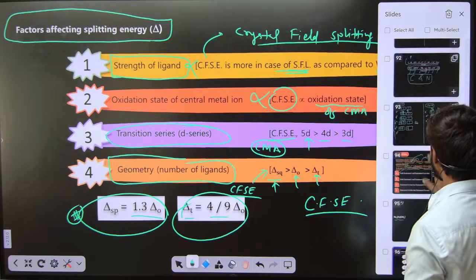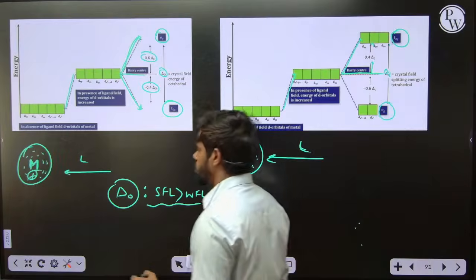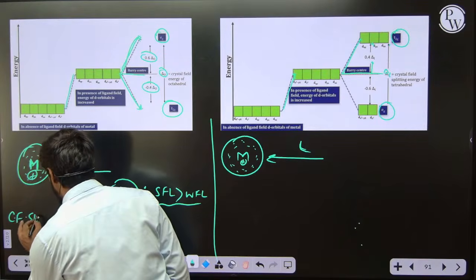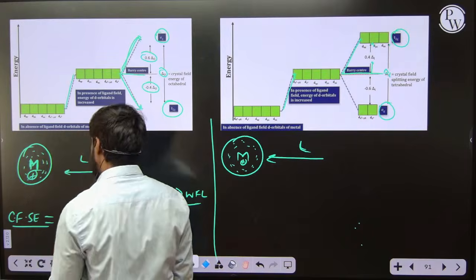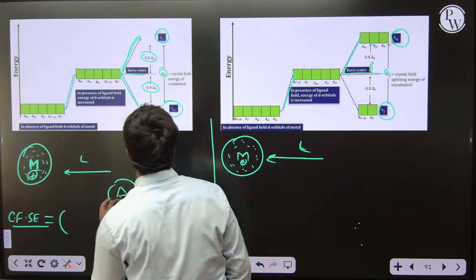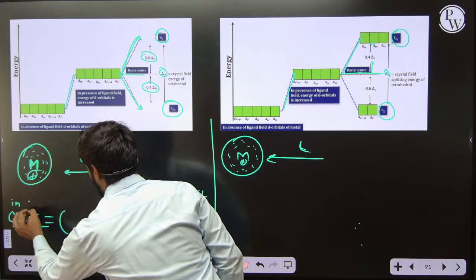Okay, next thing, we can see the CFSE value calculation. So how to find the CFSE value? To find this, we can do the calculation from here.